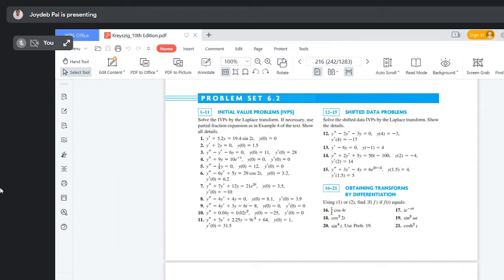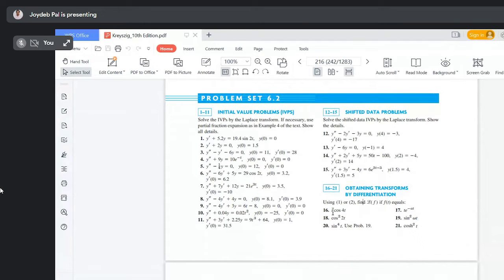2 times. Because means in first derivative, you will not get this type of term, t cos 4t. In the second derivative, you will get this term, t cos 4t related term. I told unless until you will get this given type of function, you differentiate it. Okay.